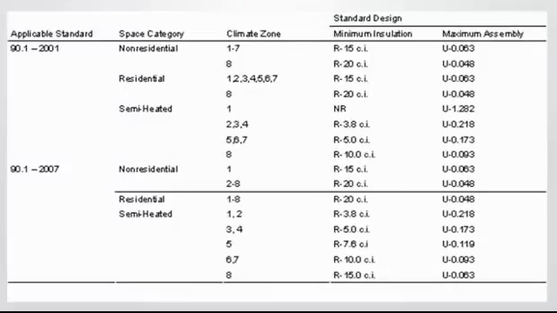Depending upon the applicable standard, whether it's 90.1 2001 for tax credits or 90.1 2007, we have an insulation requirement by climate zone. Those are the ASHRAE climate zones. Thermal performance is described both in terms of insulation or a maximum assembly U factor.